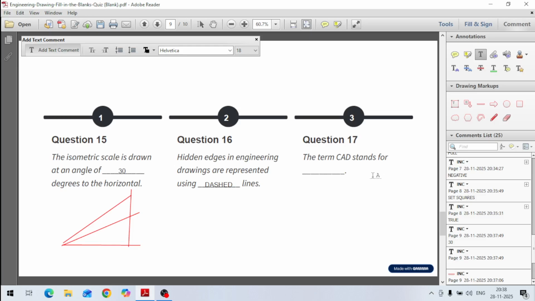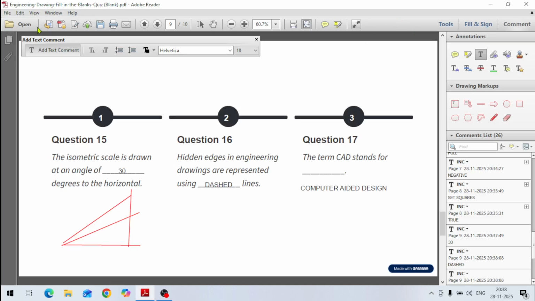What is CAD? CAD is computer aided design. Okay.